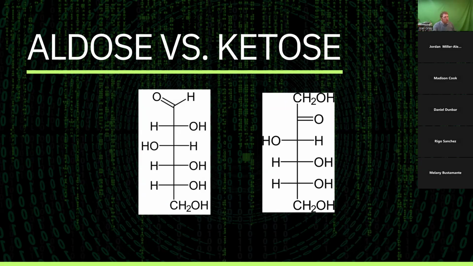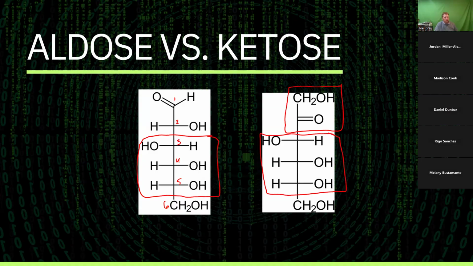Now, if you look at the different carbons, here's our ketone functional group, and this would be carbon one, two, three, four, five, and six. The positioning of the hydroxide groups on carbons number three through five are basically identical among these two sugars.